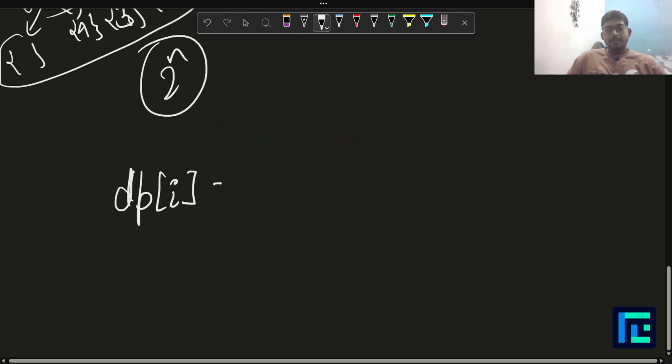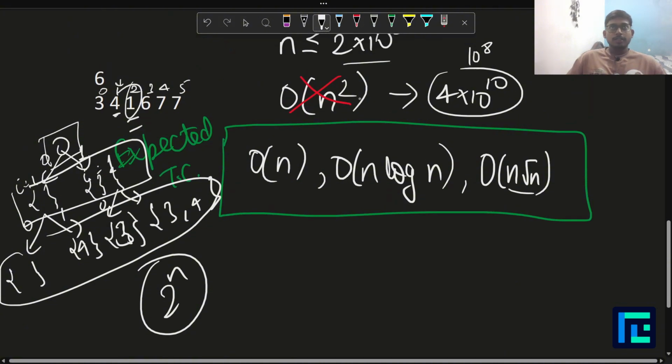since in general, when we take a DP state I, we take this array. If we have gone till I, going from the left, then we have taken this subarray, and we calculate our answer for this subarray.